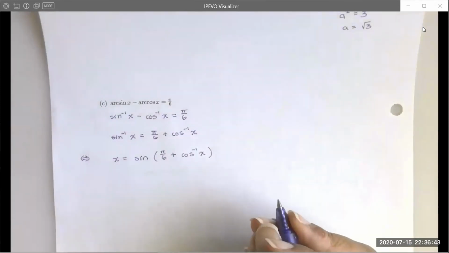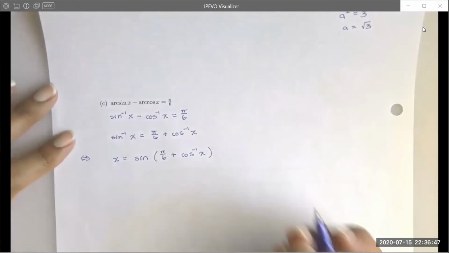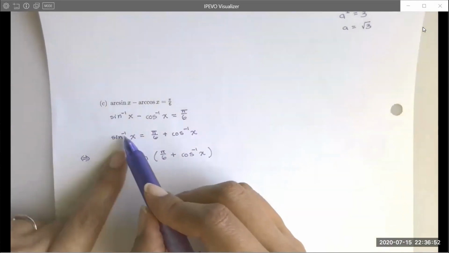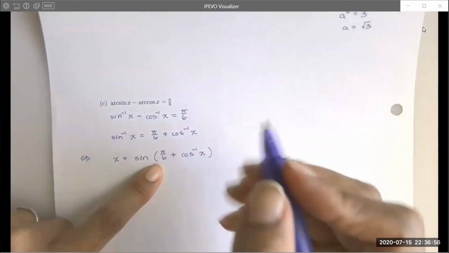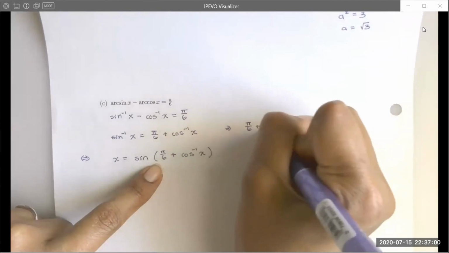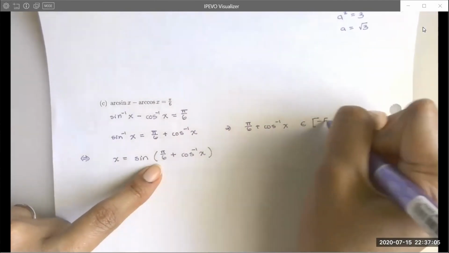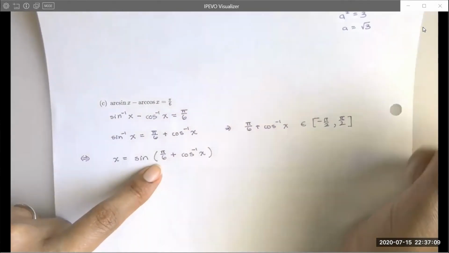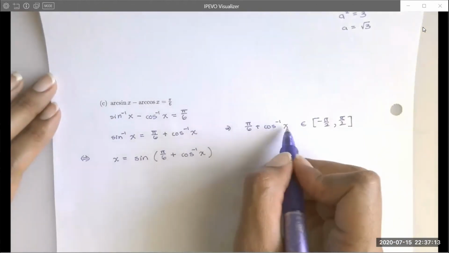Now, it doesn't seem like we've made much progress, but we actually have. First things first, since this is the result of taking sine inverse, it means that this angle here, pi over 6 plus cosine inverse of x, has to be in the range of negative pi over 2 to pi over 2. And since it already looks pretty complicated, I'm going to let cosine inverse of x be theta.